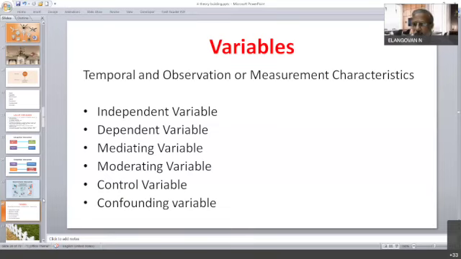Sir, what about control variables? Is it mandatory to use them in order to measure the influence or the impact under all circumstances? Sir, here I have just presented that there are variable names, including control variables. Depending on how you use the variable, it can be a control variable.